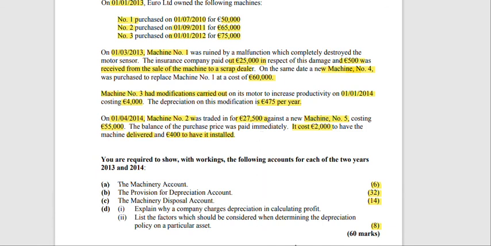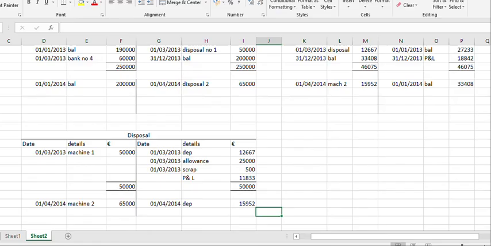So let's have a look back at our workings. So in the disposal account, we would put 1st of the 4th 2014, allowance of 27,500.